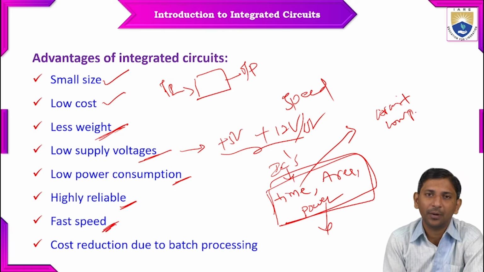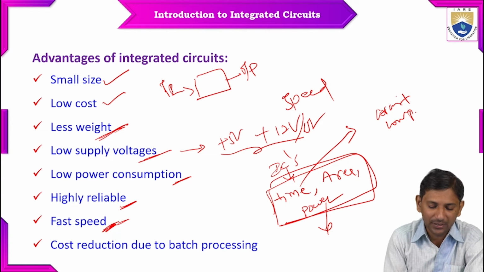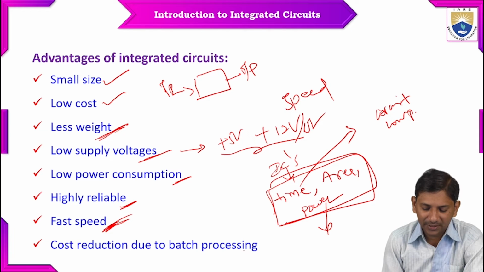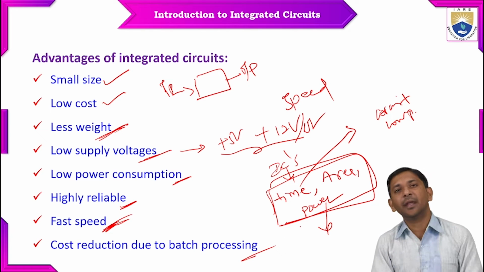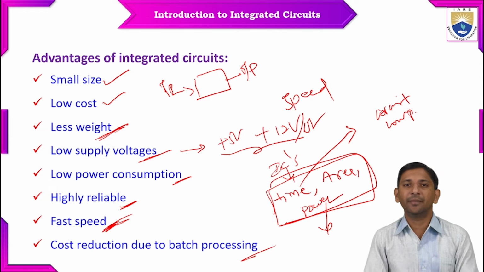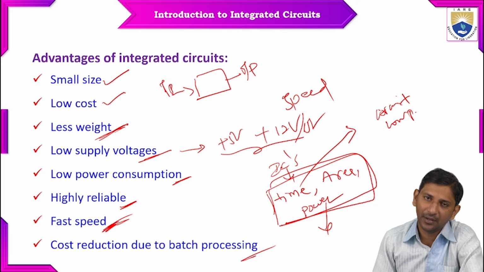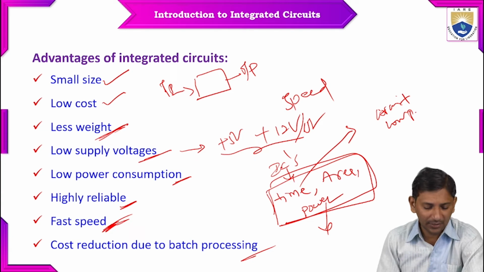So this is one of the advantages. It's a big advantage in integrated circuits. And cost reduction due to batch processing. Here we are reducing the components, or replacing circuits by using integrated circuits. Then the size of the device will be reduced, and operation will be performed very fast.